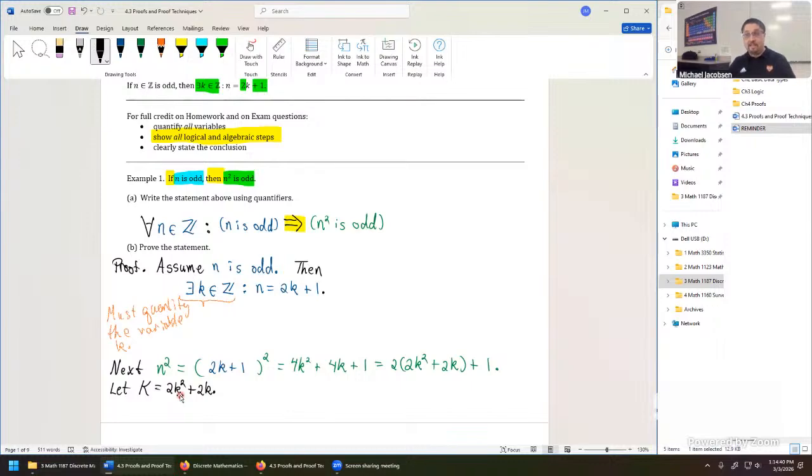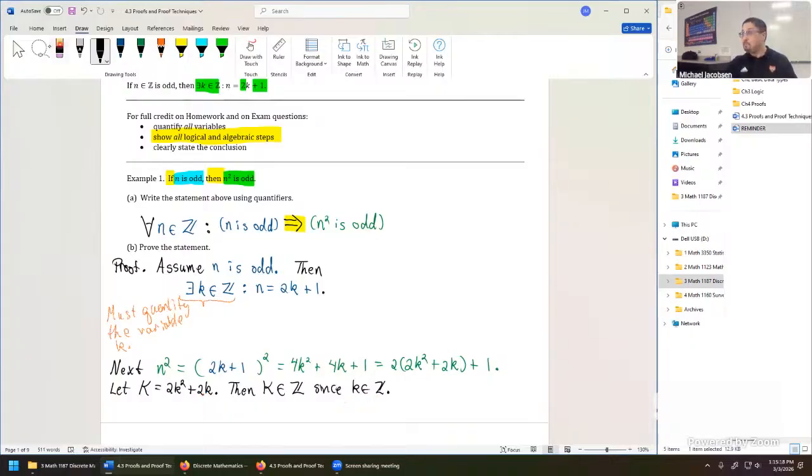If it was divided by 7, that's not a guaranteed integer any longer. But this is automatically an integer. So we can say, let K be equal to that. I'll go with the period after all. Then K is an element of the integers, K in Z, since we quantified lowercase k. So now we're saying at this sentence, if we take an integer, square it first, then double it, then add twice that same integer, it's still an integer.